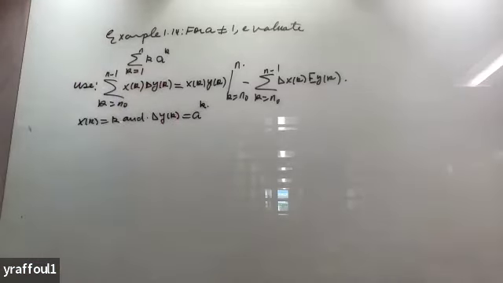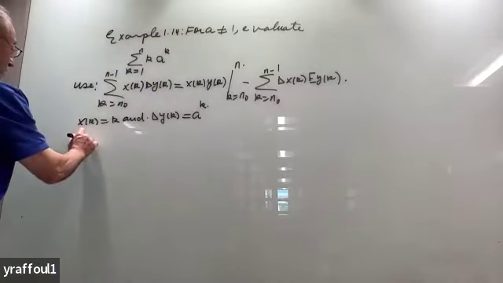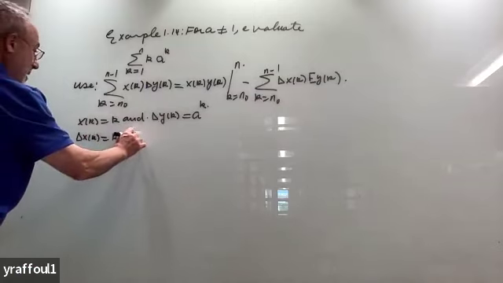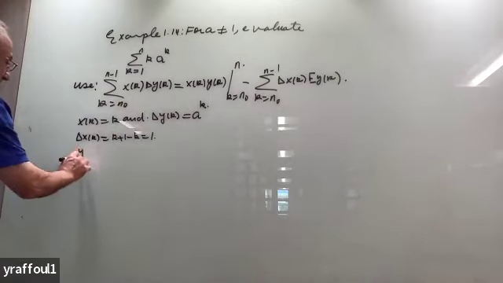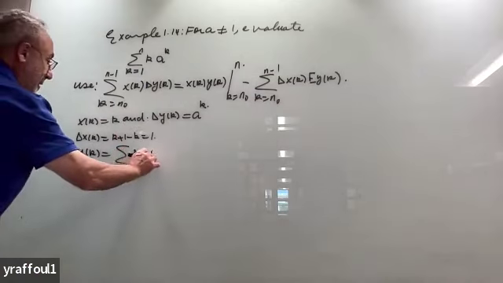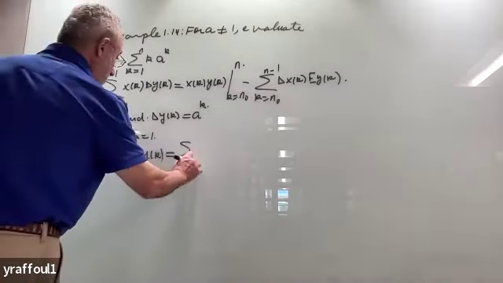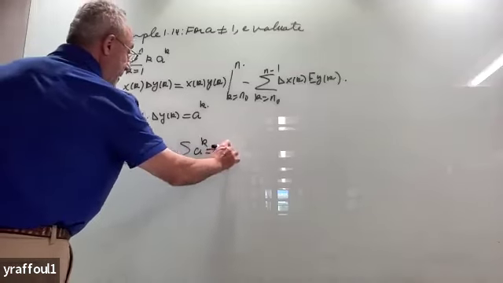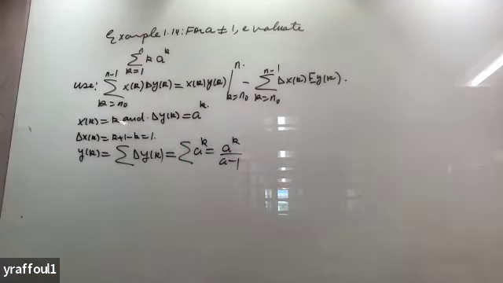Now in the formula, I need del x_k. So del x_k equals k plus 1 minus k, which equals 1. And y_k, from del y_k equal to a^k, is a^k over a minus 1. You remember the table?